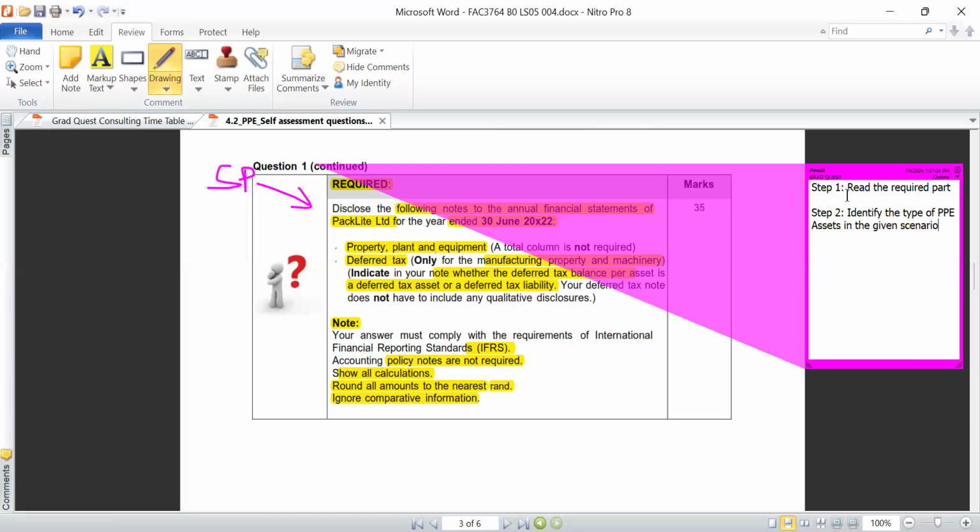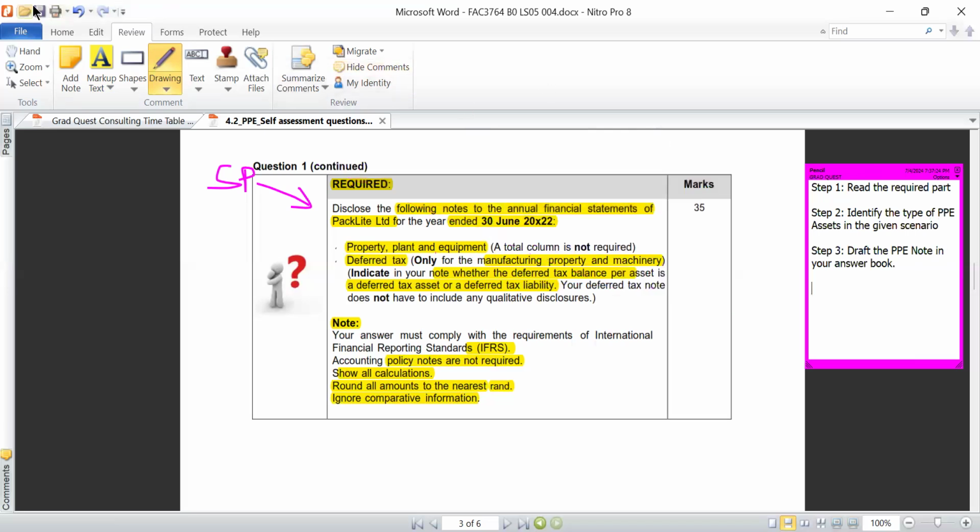That's what I'm about to do now. Then step number 3: draft the PPE note in your answer book. That will be the next thing to do. Step 4 is basically being able to account for each asset systematically, and we're going to do that today, practically, just so that you can see what is happening.